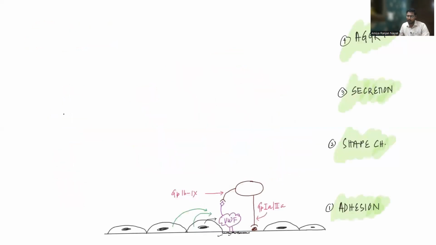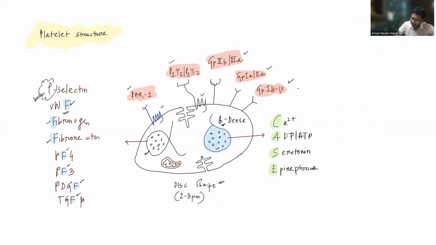Okay, so von Willebrand factor will be attached to this endothelial surface, and this is recognized by the platelet. So this is the platelet. And this will recognize the von Willebrand factor with the help of a receptor, that is GP1B9. So GP1B9 is for von Willebrand factor.